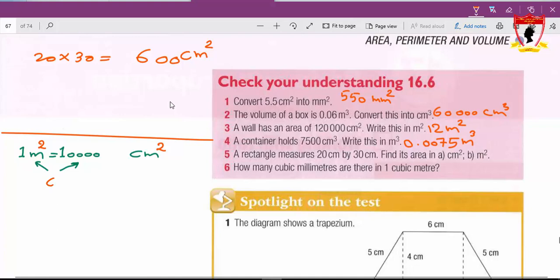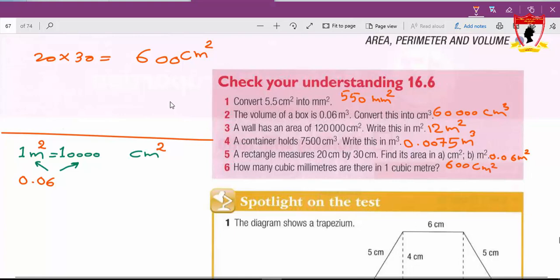There must be a 6, and the 6 has 2 zeros. So there must be 2 numbers after the decimal point to cancel 2 zeros. Then 6 times 100 is 600. 0.06 times 1 is equal to 0.06. So this area is 0.06 meters square, as it was 600 centimeters square.